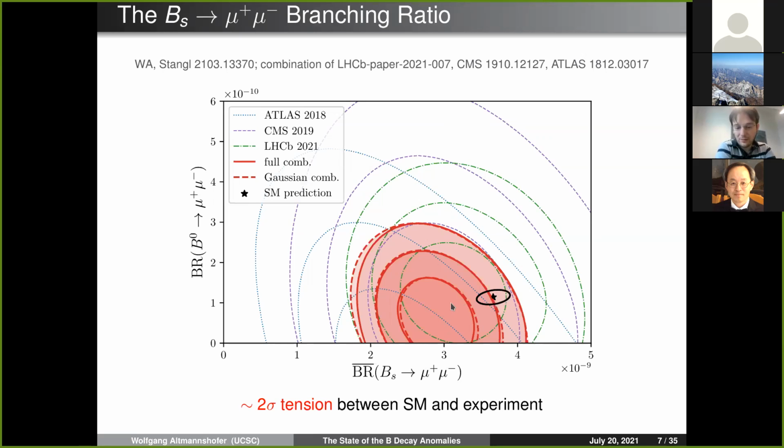The measurement is slightly below the standard model expectation. This by itself is not super exciting, I would say. If this was the only discrepancy, nobody would talk about an anomaly here. But as you will see, it fits very nicely in a consistent picture of all the other anomalies.